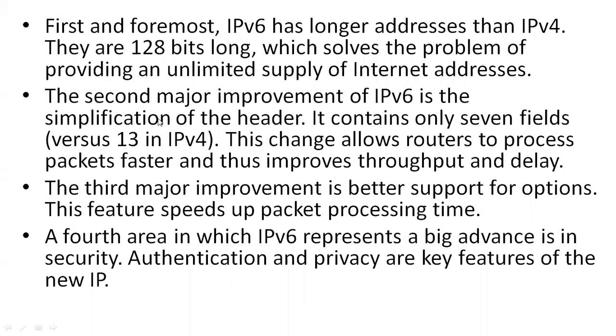So IP version 4 కంటే కూడా 4 times longer గా మనం ఇక్కడ addresses ని ప్రొవైడ్ చేస్తున్నాం. That means number of addresses, ఈ IP addresses మనం క్రియేట్ చేయడం కూడా దాని యొక్క స్కోప్ మనకు ఇంక్రీజ్ అవుతుంది. So 128 bits long solves the problem of providing an unlimited supply of internet addresses. Yes, it's going to provide an unlimited supply of internet addresses.